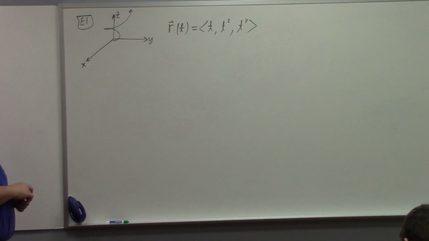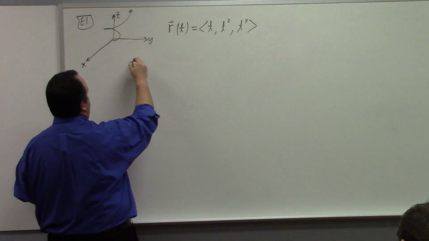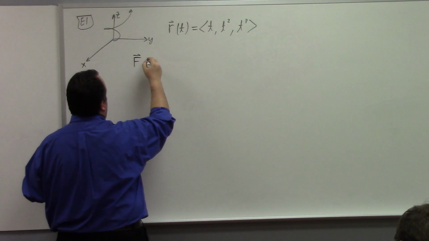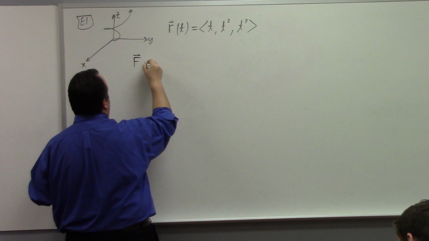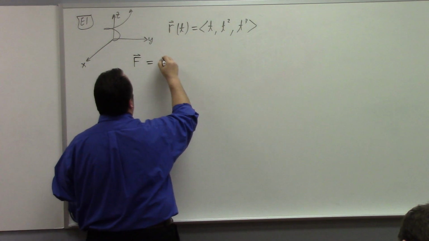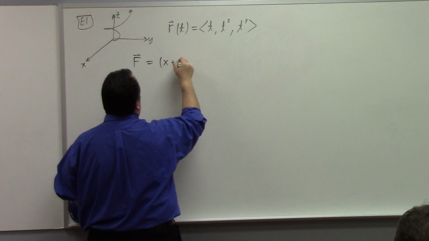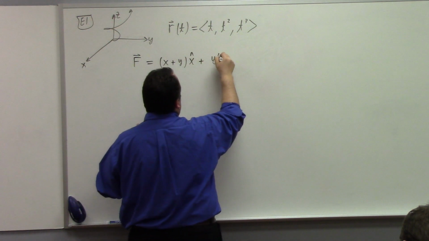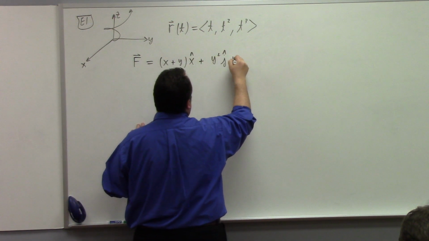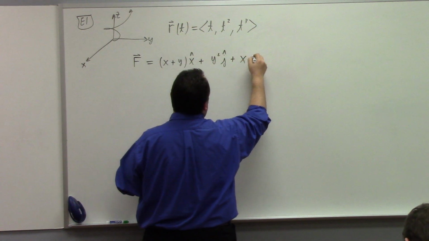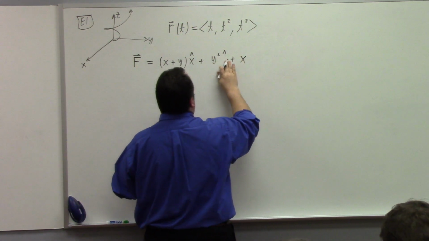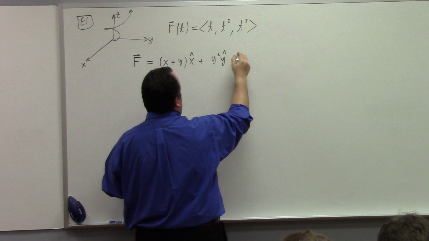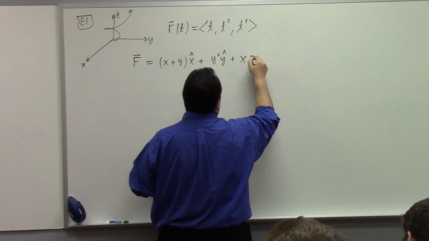Okay, so let's calculate the work done. Let's look at a vector field. Let's let the force be equal to, I don't know, let's say (x plus y) x hat, plus y squared j hat, plus x z hat.